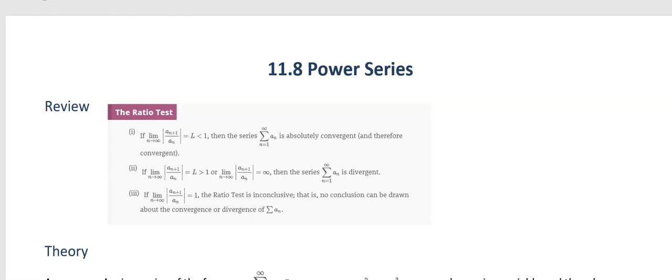So for our quick review of the ratio test, remember that as the limit as n approaches infinity of the absolute value of a sub n plus 1 divided by a sub n, if that limit is less than 1, then the series is considered to be absolutely convergent, and therefore the series is considered convergent.